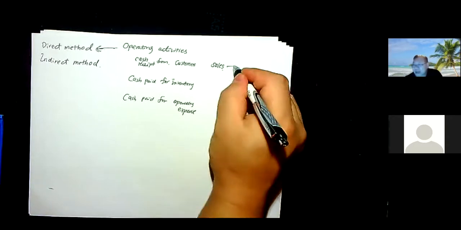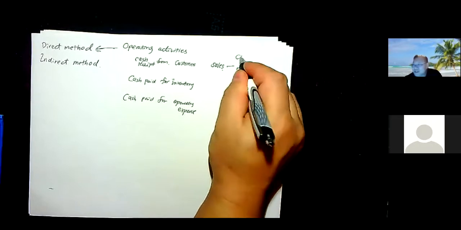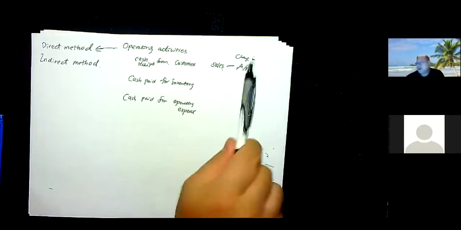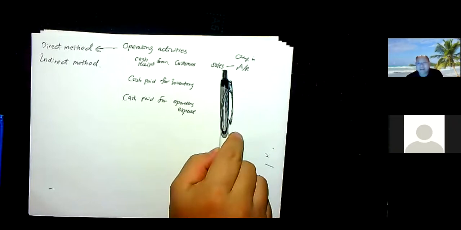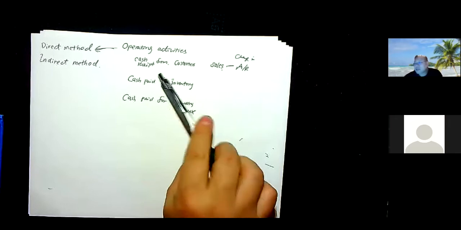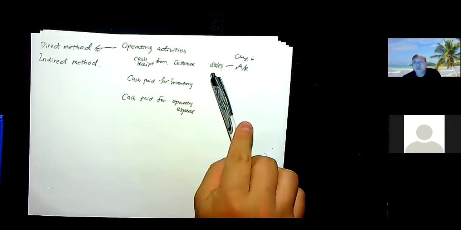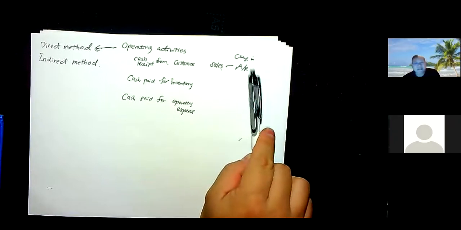So you minus the change in AR. If your AR increased, you are going to receive less cash, because you sell on account. That's why your AR increased. The cash received from the customers is your total sales revenue minus change in AR. Does this make sense?